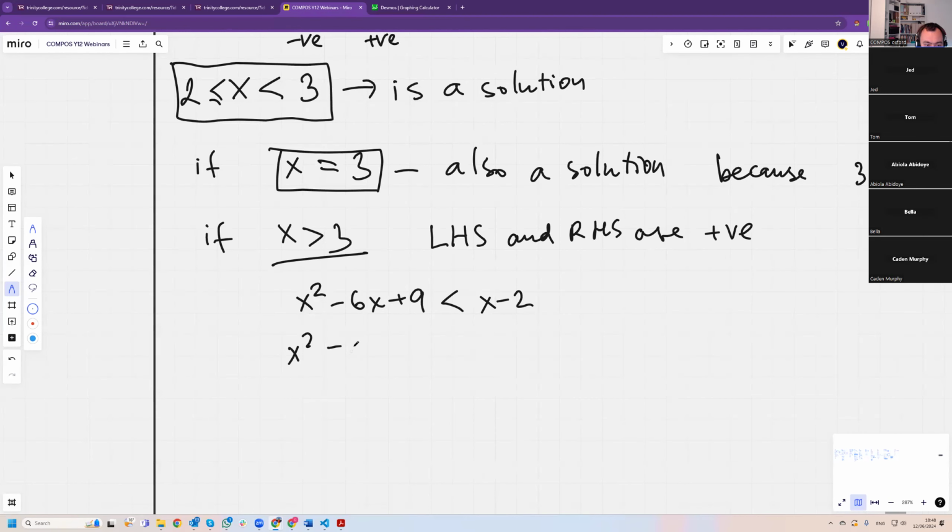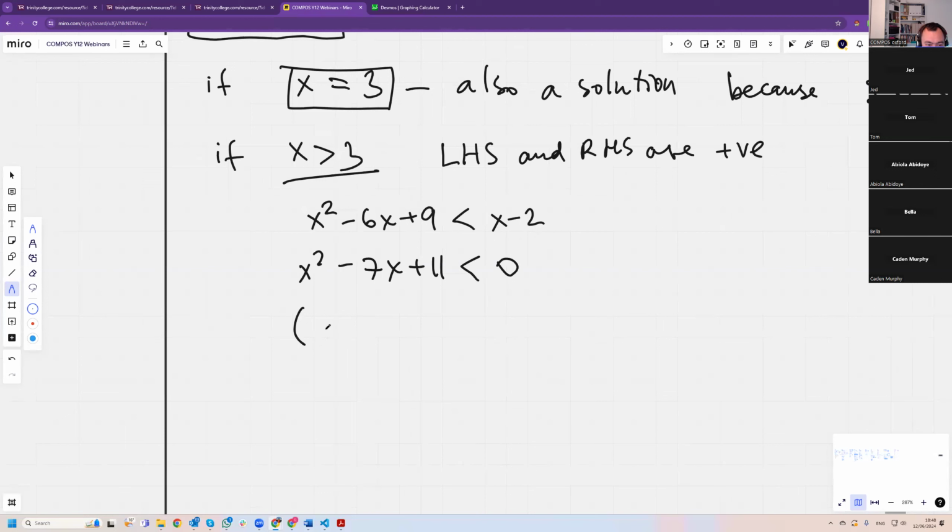x squared minus 7x plus 11 less than 0. I'm assuming I can factor that. Can I factor that? Well, I can, but it's not the easiest factorization.